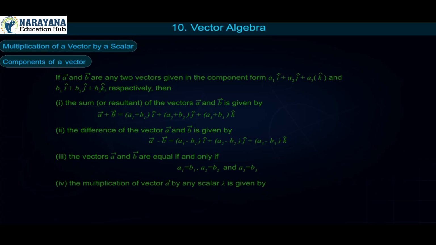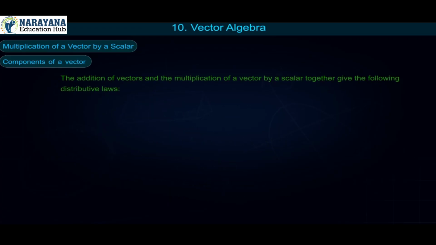Number 4, the multiplication of vector A by any scalar lambda is given by lambda into vector A is equal to lambda A1 i cap plus lambda A2 j cap plus lambda A3 k cap. The addition of vectors and the multiplication of a vector by a scalar together give the following distributive laws.